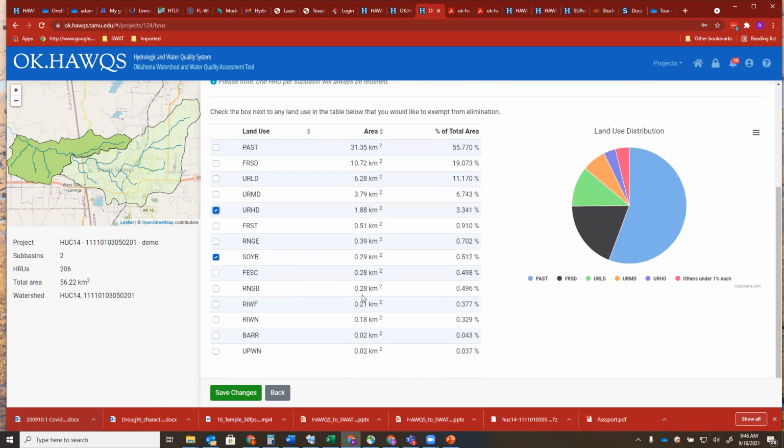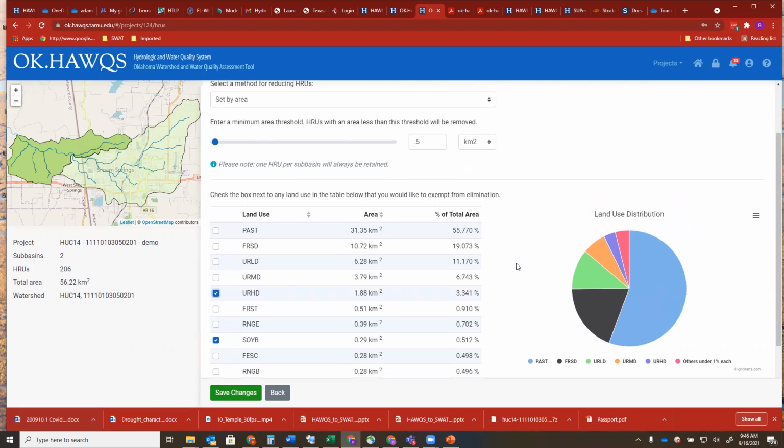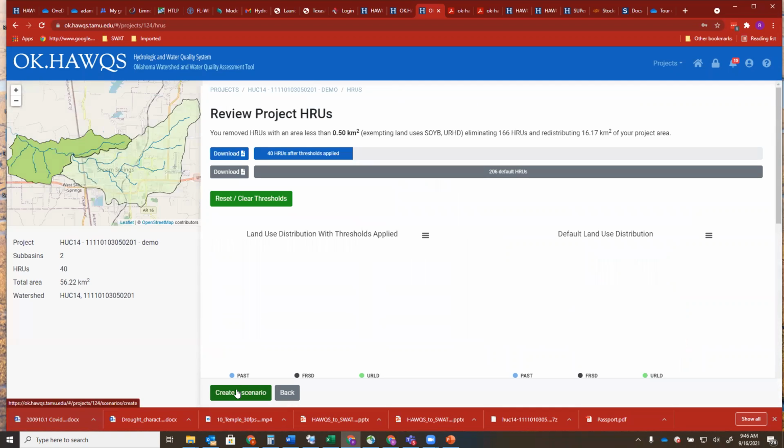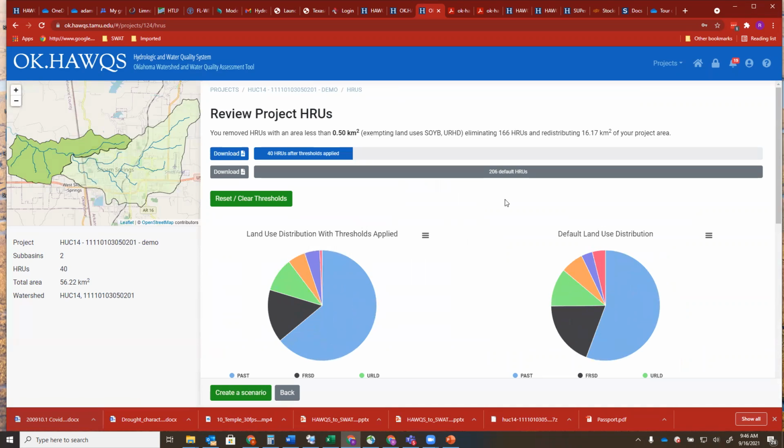And it shows you how big of an area in the entire watershed actually, not just one subbasin, but the entire watershed. So I selected these two just as a demonstration, and I'm putting a threshold of 0.5 square kilometers. Okay. And then I click Save Changes. So with that, it's going to automatically calculate.